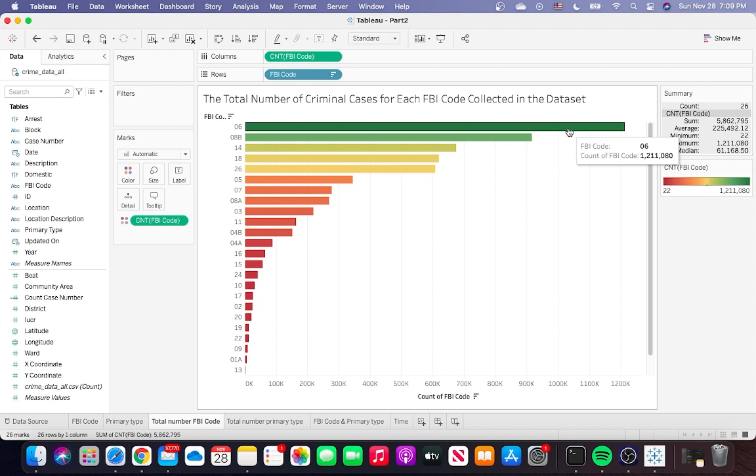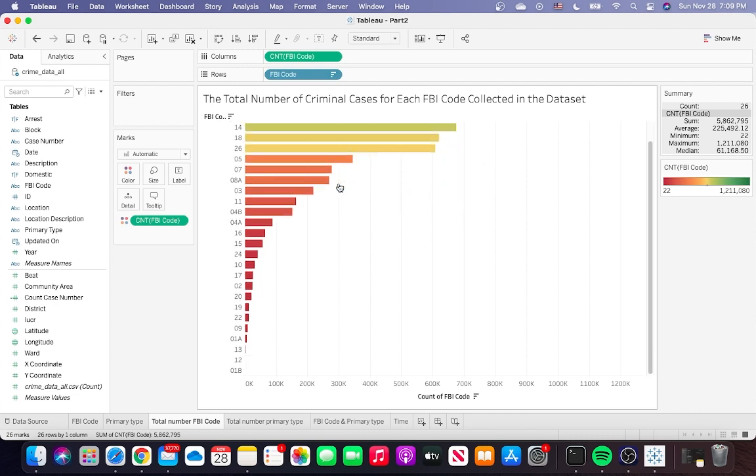As we can see, FBI code 06 has the most criminal cases with about 1 million cases, and code 01 has the lowest number of criminal cases among the 26 FBI codes, with only 22 cases.